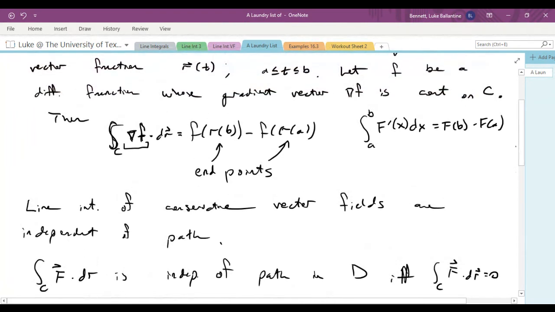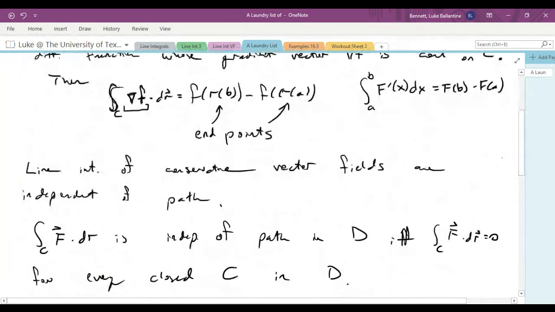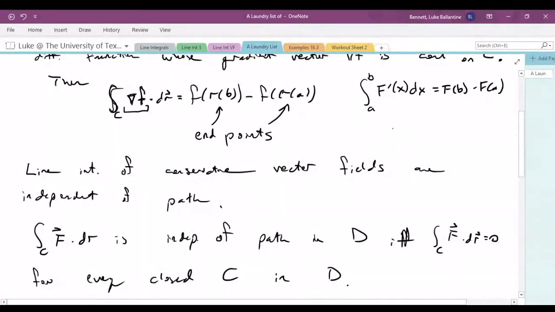So we get to the question of why this integral is 0 when it's closed. Well, okay, if we look at it this way, let's just draw it like this. We have some closed curve, closed meaning the endpoints are the same.